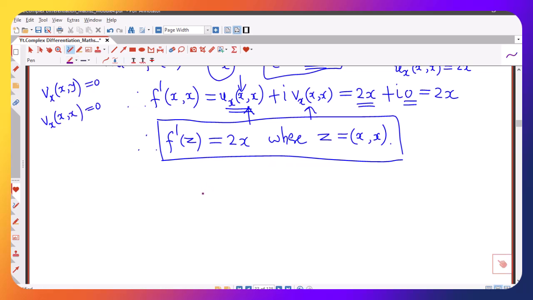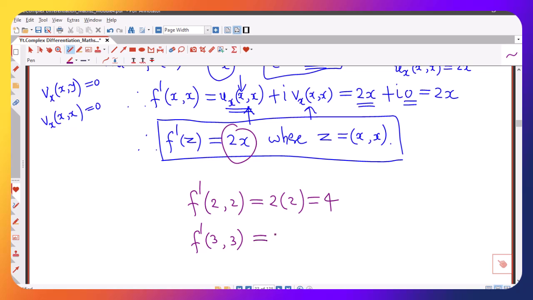For example, if I am interested in the point (2, 2), then here the derivative is given by 2 into the x coordinate, that is 4. Similarly, suppose I want to write down the derivative at point (3, 3), then it is 2 into the x component, which is 3, which is 6.